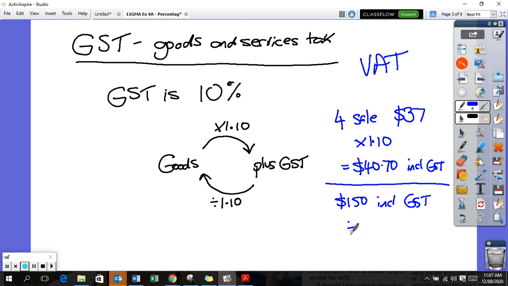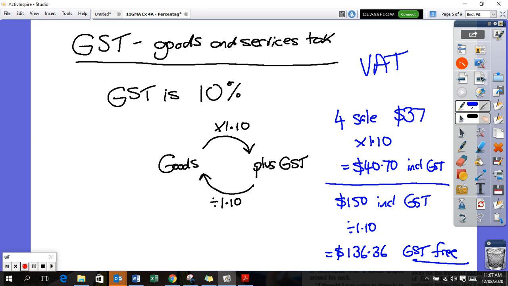So 150 divided by 1.10, and we get $136.36 GST free. Okay, so nice and easy, copy this into your bound reference. We times 1.10 to add the GST on, we divide by 1.10 to get rid of the GST.